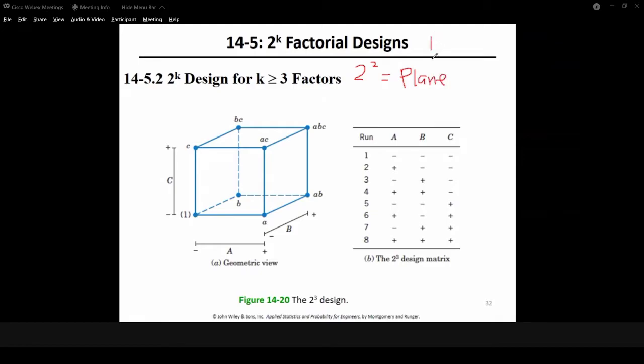This is called a plane, like what you see on your computer now. 2 by 3 is a cube.